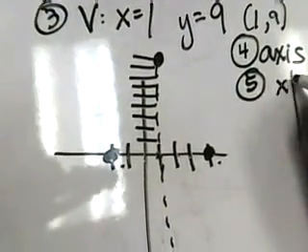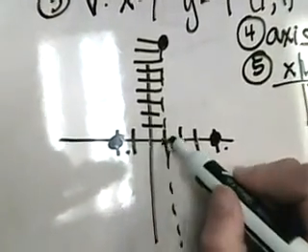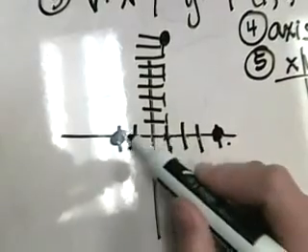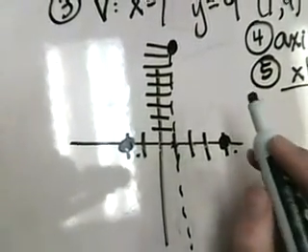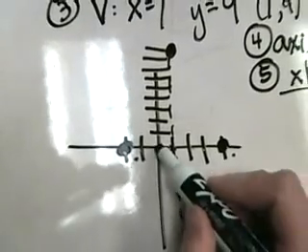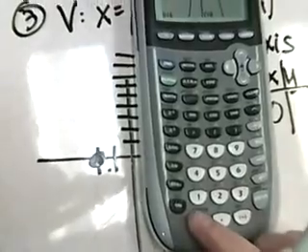So in your xy table, you actually only need one value this time. I try to keep it as close to my vertex as possible, but as long as it's inside my intercepts, guys, it should be pretty easy to plot. So I'm actually going to pick 0. Remember, I can use my calculator.